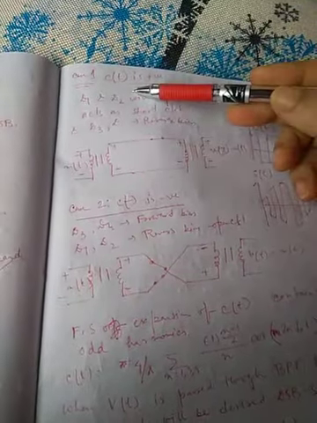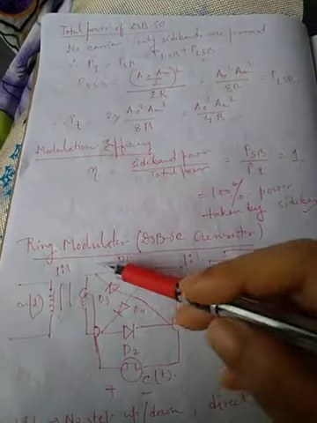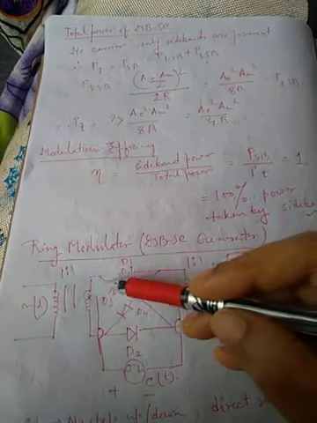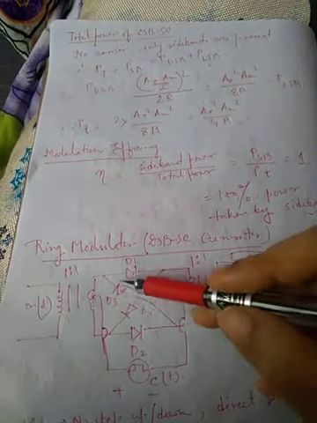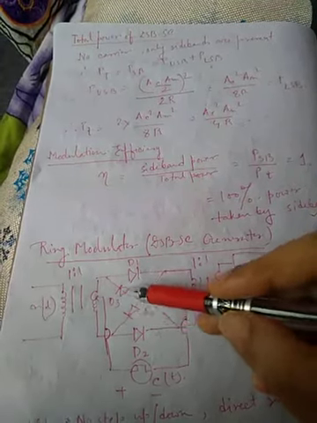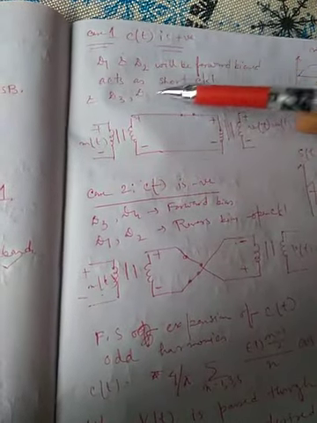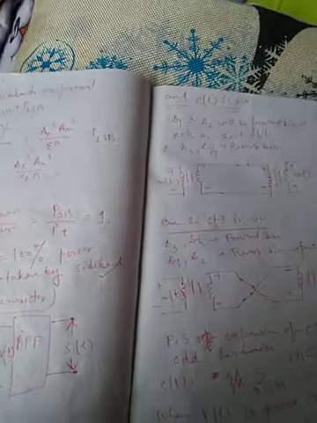So in case 1, when c(t) is positive, only D1 and D2 are forward biased, so they act as a short circuit, and D3 and D4 are reverse biased, so they act as an open circuit.